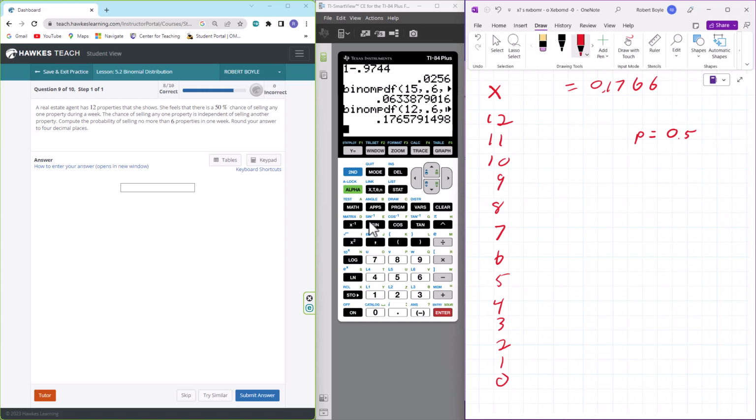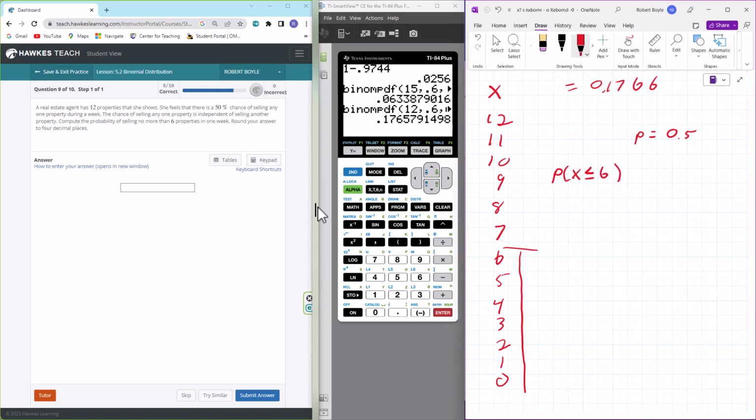And we want to compute the probability of selling no more than 6 properties. So that would be 6, 5, 4, 3, 2, 1. We want to compute the probability that x is less than or equal to 6. Okay? That's going to be equal to binomial CDF, where n is equal to 12, p is equal to 0.5, and x is equal to 6.